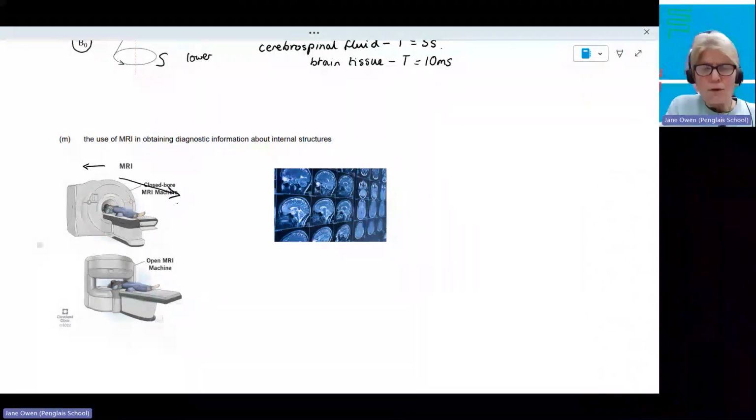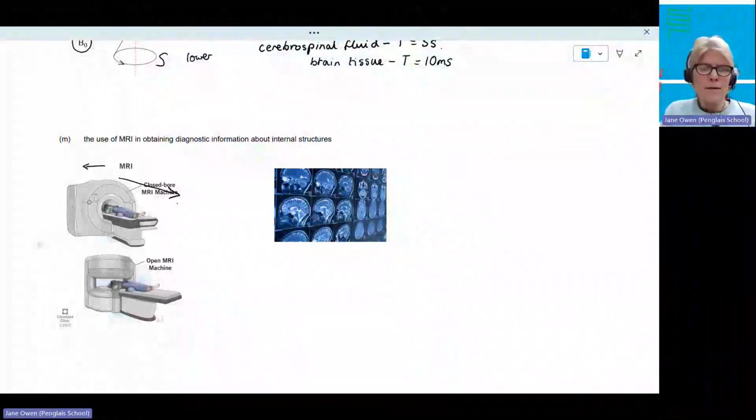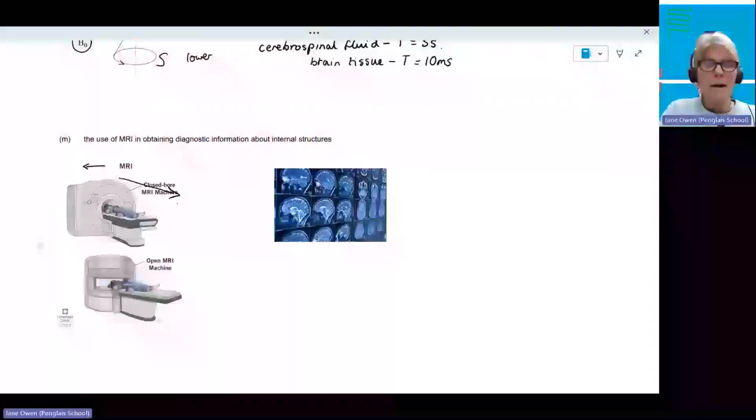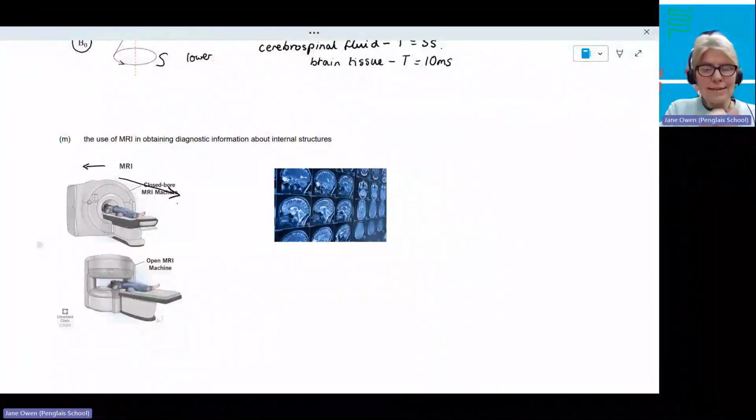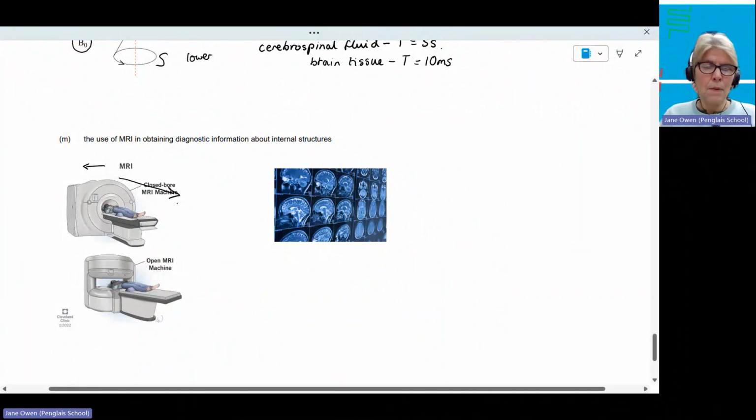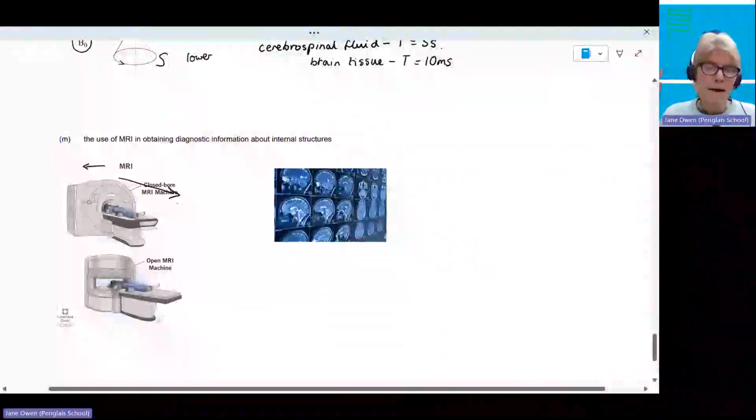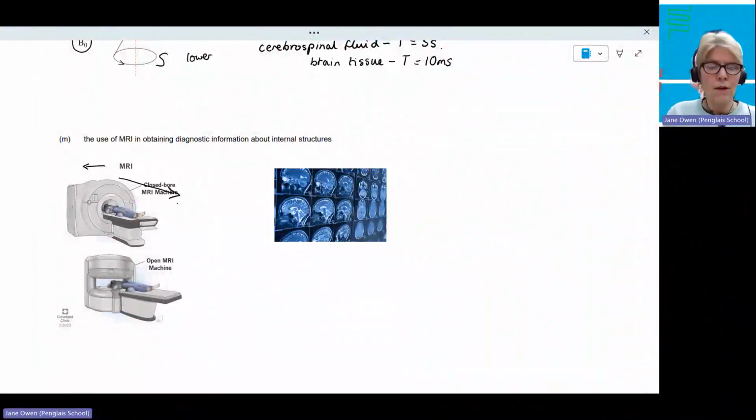And that frequency is detected by the same coil that produced the radio frequency pulse. So you'll basically flood the body with slightly different frequencies, and you'll get the information back of those frequencies, but at different times depending on the tissue that it's coming from.